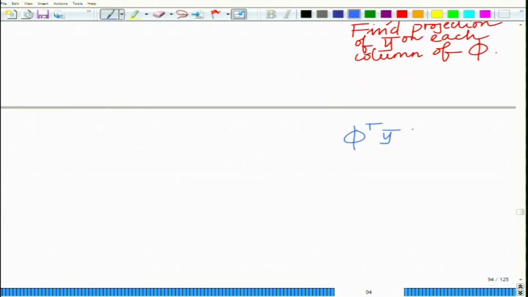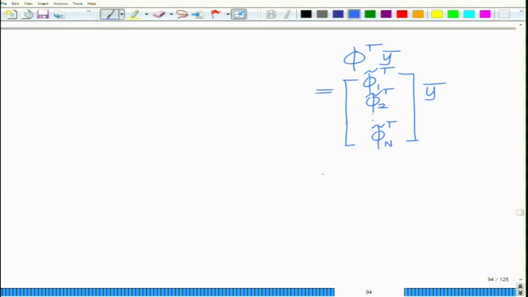phi transpose y bar. What that gives us is the inner product of each column, phi 1 tilde transpose, phi 2 tilde transpose, up to phi n tilde transpose, times y bar.